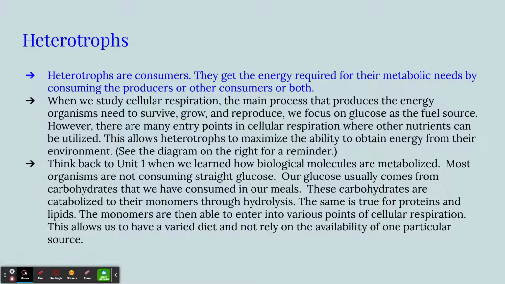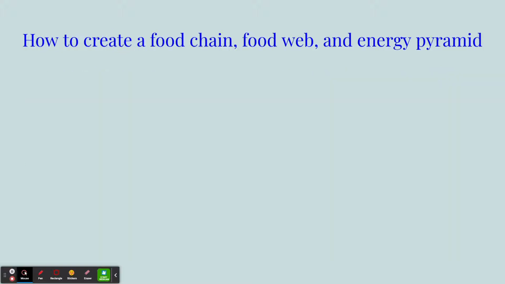They have to consume in order to get the energy required for metabolic processes. So they have to consume some other living being, whether that is a plant, so our herbivores, or if they are omnivores, they consume plants and animals, or carnivores, where they'll be consuming meat products or other animals.